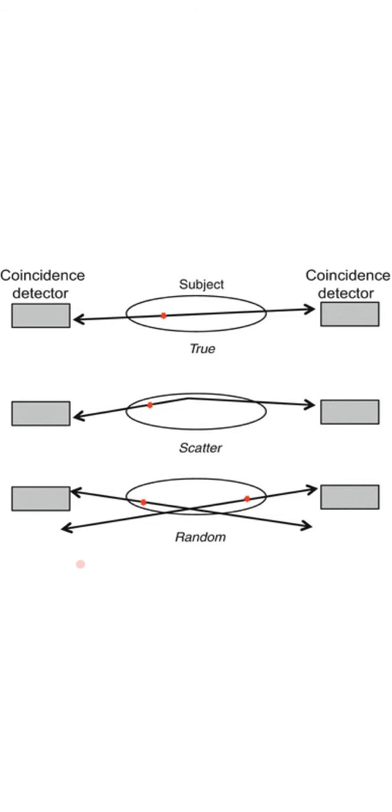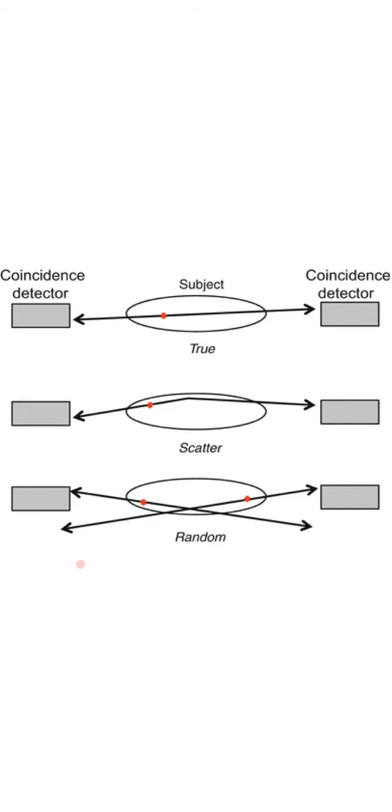There's another type of event called a single event, but that's where randoms actually come from, is that two photons from singles get detected in detectors that are opposing, and so that counts as a random. You're never going to just have one photon collected, because it won't create that LOR or line of response, and it won't add anything to your image.